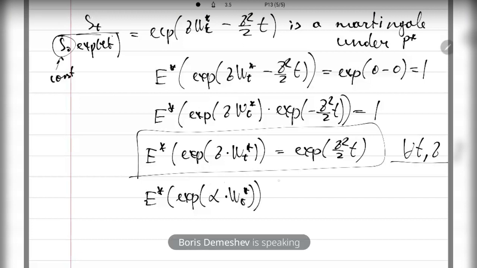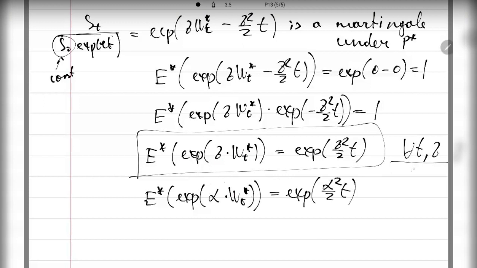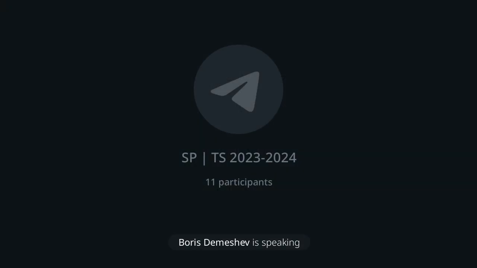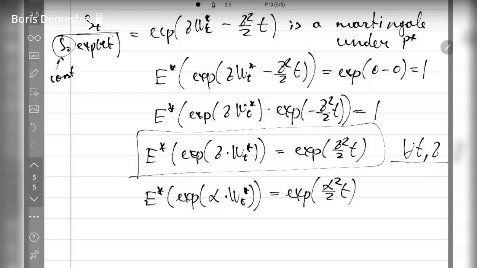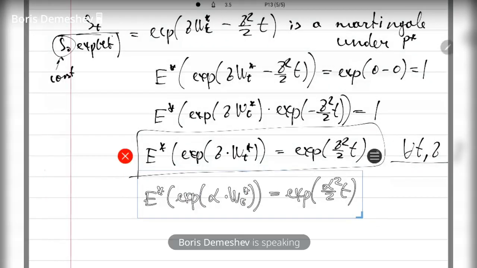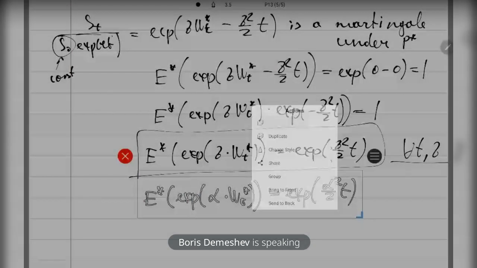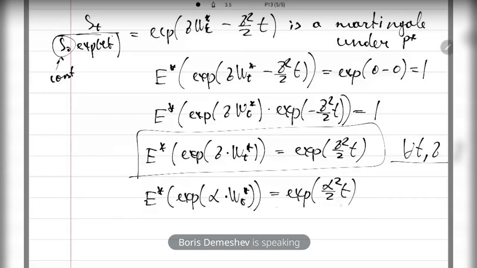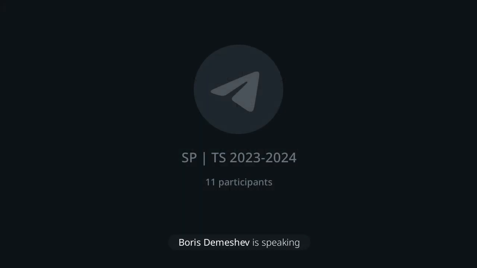So that's the formula valid for all sigma and T. So we have calculated the expected value of exponent of Wiener process times alpha.